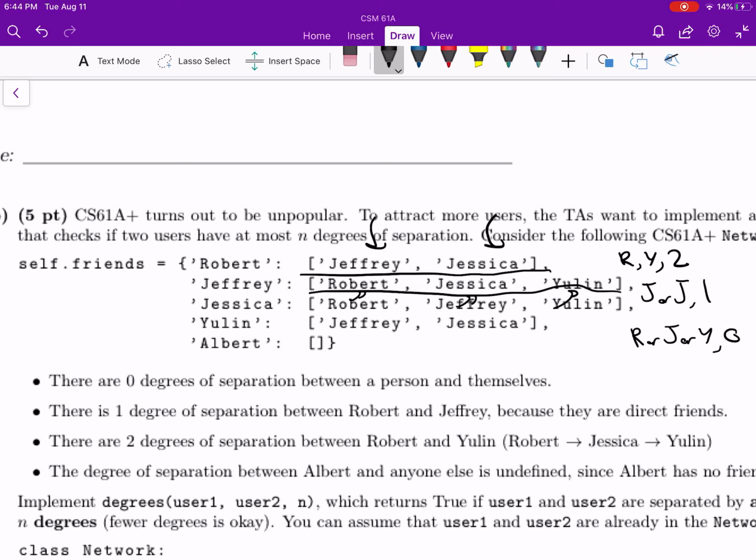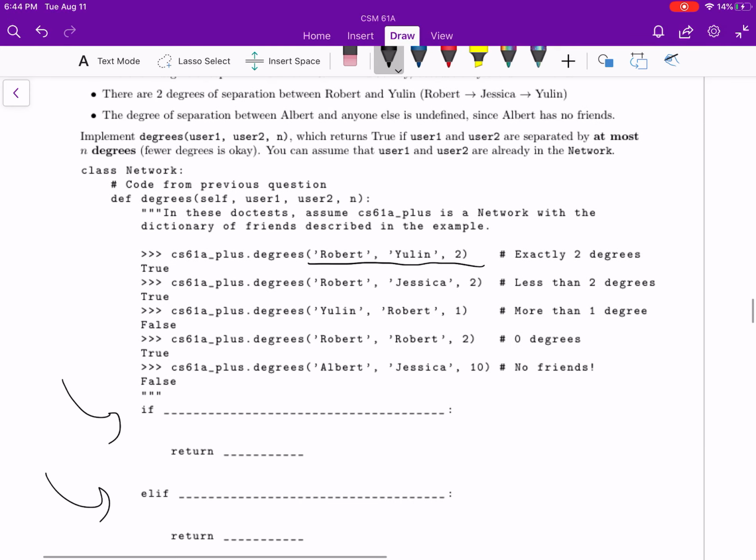Because each time we go through someone's friends list, we delete 1 degree, right? We go 1 degree down the chain. And that's going to be the basic structure here.